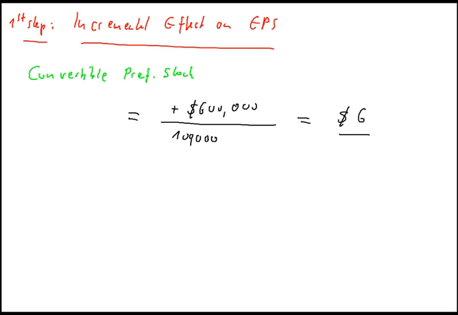Next, we can calculate the incremental effect on EPS of our convertible bond. And that's done as follows. Again, we can start with the denominator first because we can use the if conversion method.